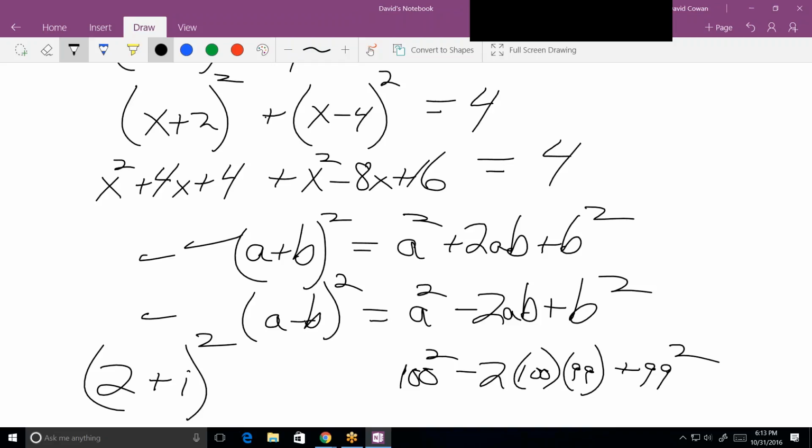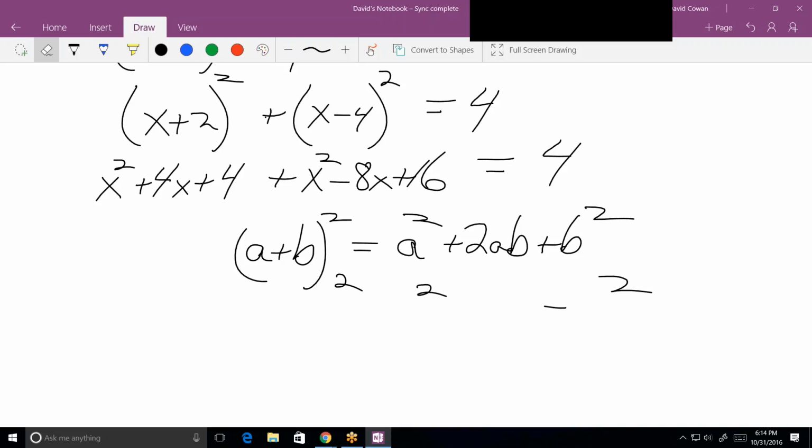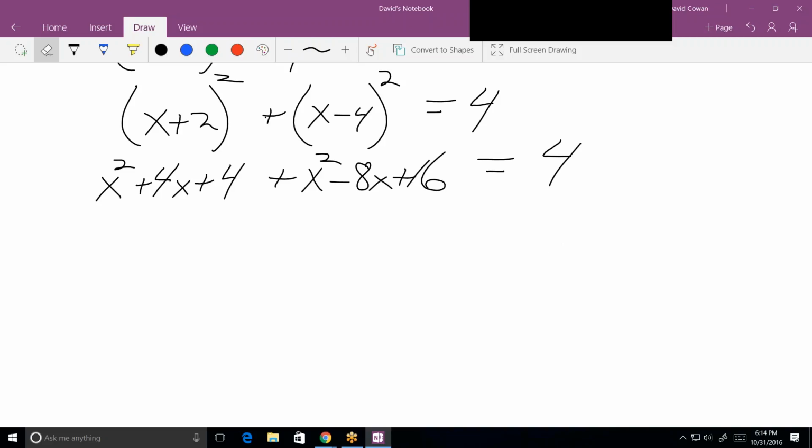Or if I had the quantity 3x plus 2y squared, I could do it a lot faster using this than by foiling it. So that's why it's worth knowing these two. Just because you're going to have to do it so often, it saves time. And speed becomes everything when you take some of those tests.